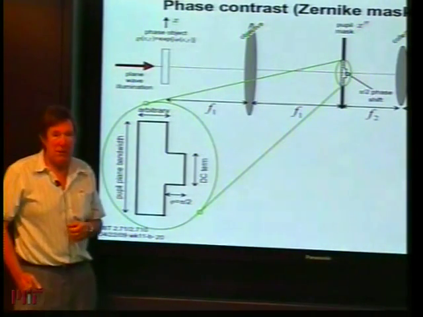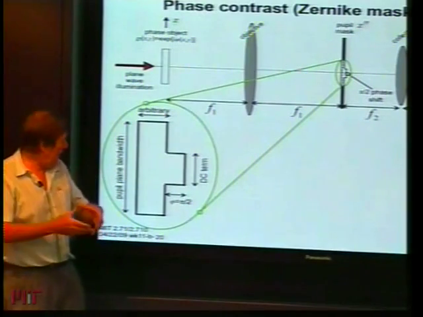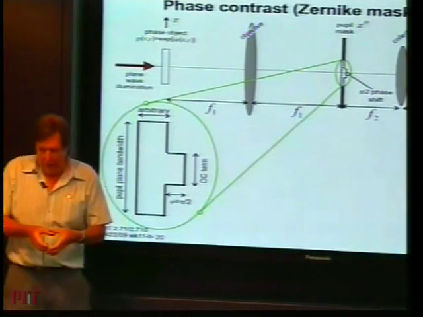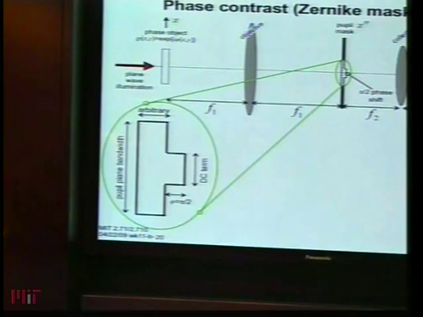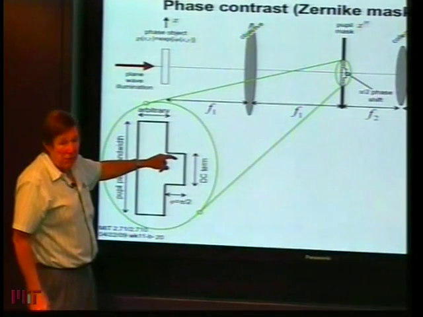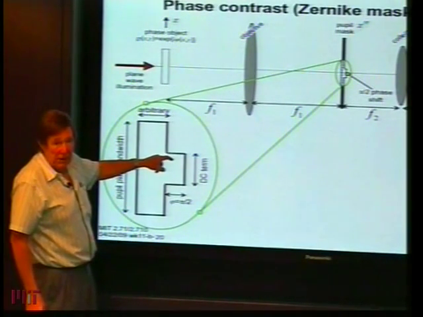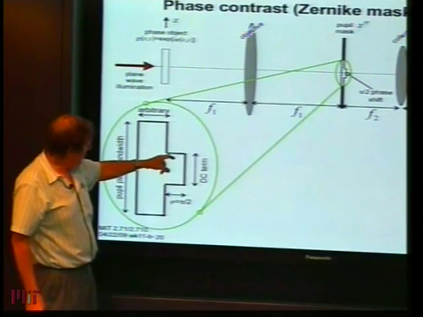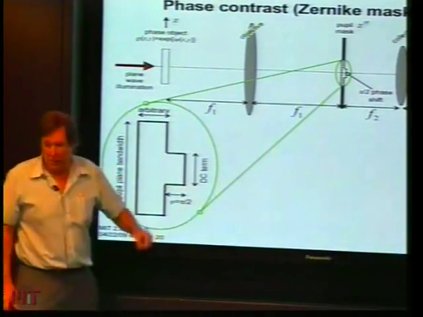But of course you can never do that because it's got to have some definite real size. So whatever size it is, there might be some low spatial frequencies of the object where the phase is going to be changed in the same way as the DC term.